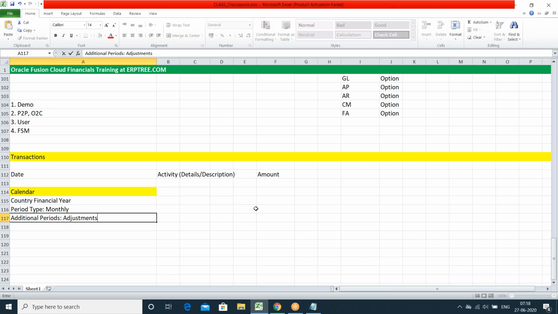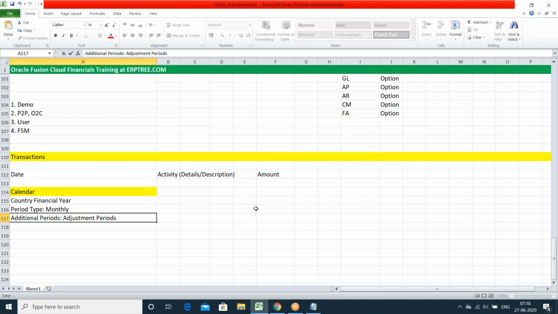At the end of the year, when they are closing the books, if there are some adjustment entries which they want to track in a separate period, they may use one additional period to record those transactions. That we call an adjustment period. Additional periods we call adjustment periods.